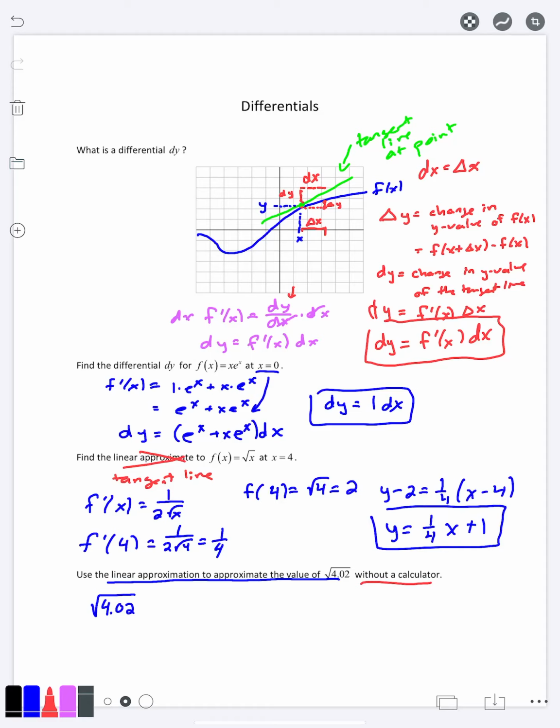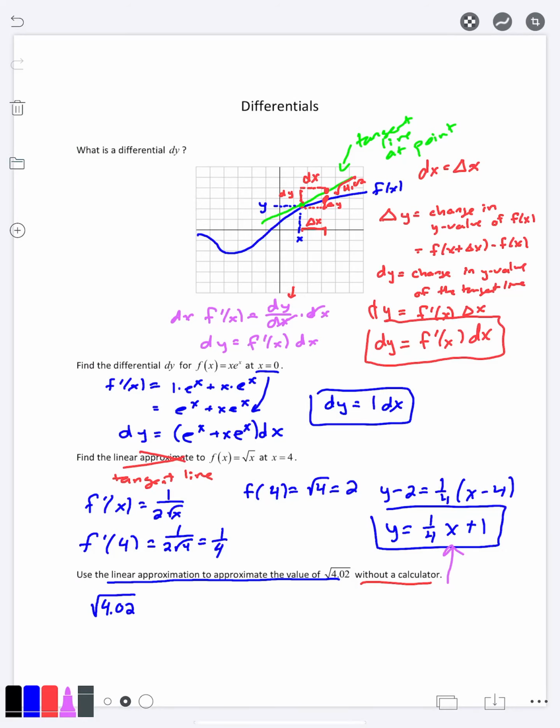It's not going to be completely right, but we're okay with that. On the picture up here, the actual square root of 4.02 would be the point on the blue graph, the actual value. But instead, we're going to find the point on the tangent line, the green graph. Even though they're not perfectly the same, they should be pretty close as long as our delta x is small enough.